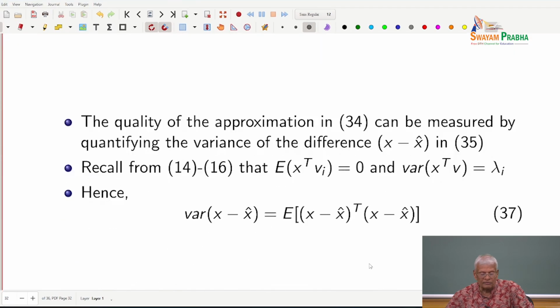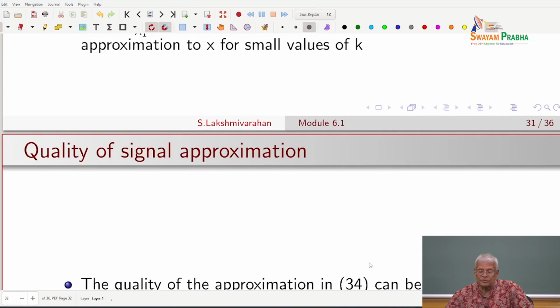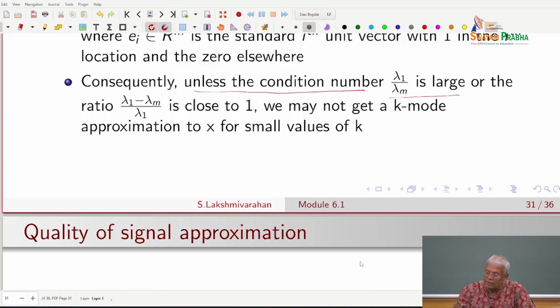This is called quality of approximation, and I would like to go back. This happens when you plot the eigenvalues against the index i: lambda 1, lambda 2, lambda 3, and so on.